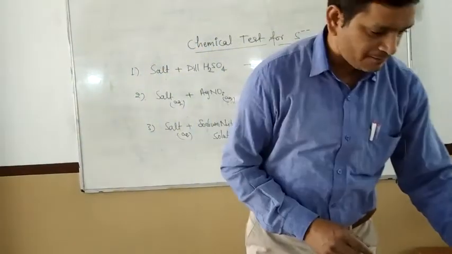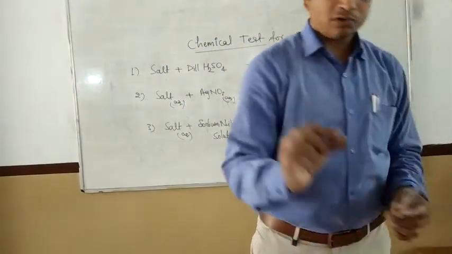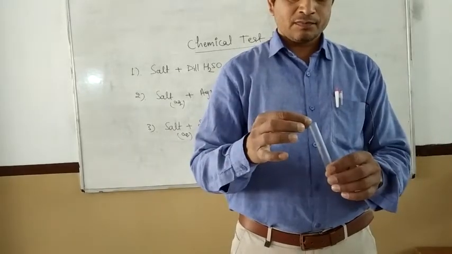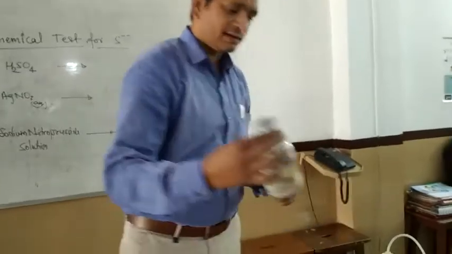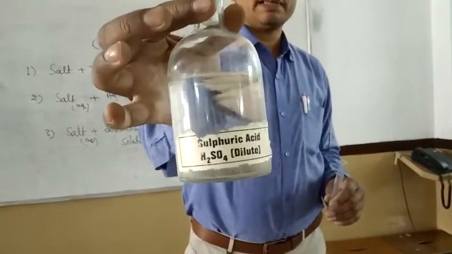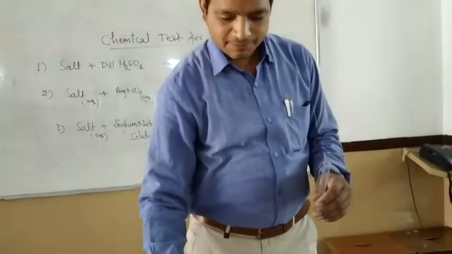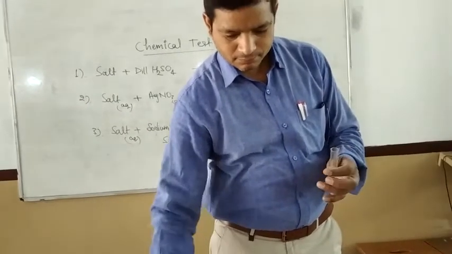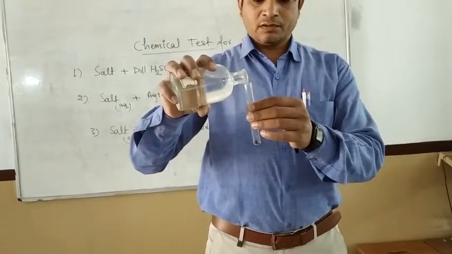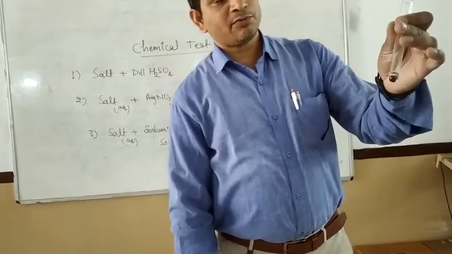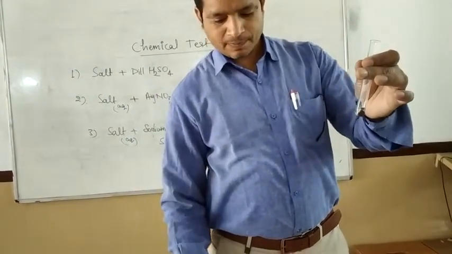So let's see. I am taking here a salt, iron sulfide, and then I have to add dilute sulfuric acid, you can see. I have taken the dilute sulfuric acid in that.